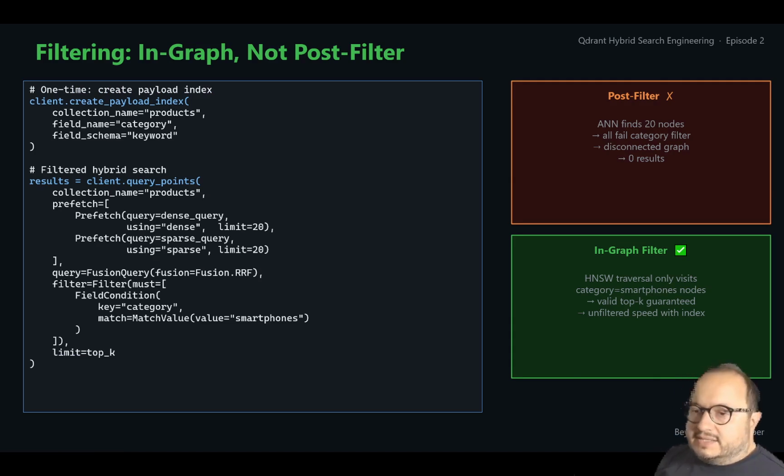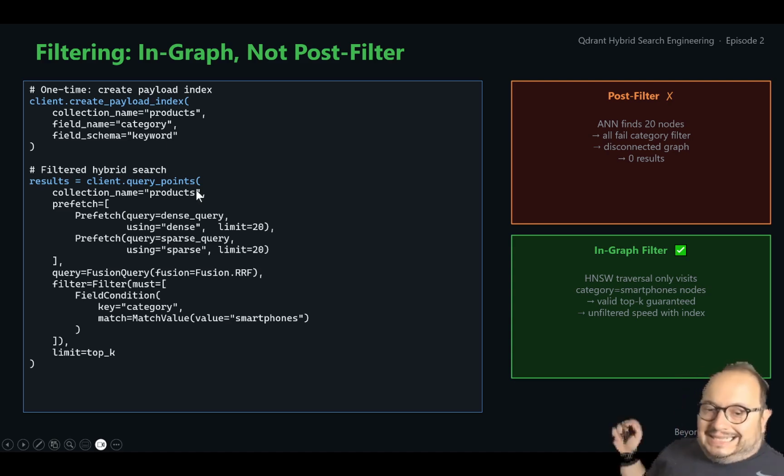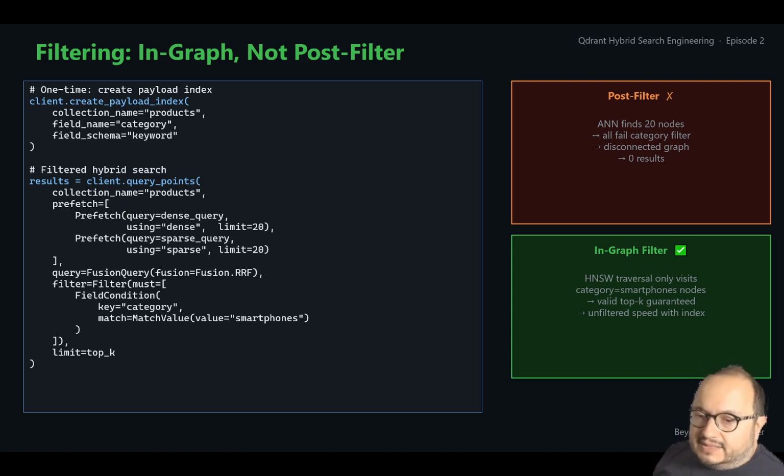Qdrant's HNSW graph traversal honors this filtering line. It only visits nodes in the graph that satisfy the category condition. If you have a payload index on the category field, this is as fast as unfiltered search. Look at this client create payload index. This is a one-time operation. After that, filtered hybrid queries run at the same speed as unfiltered ones.